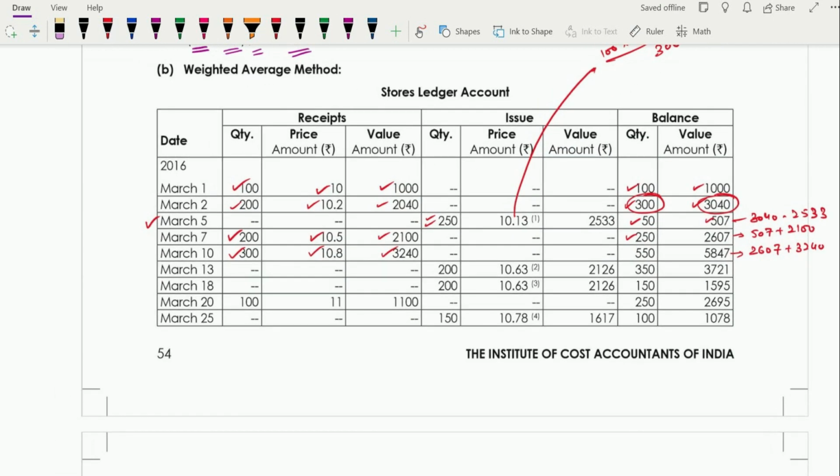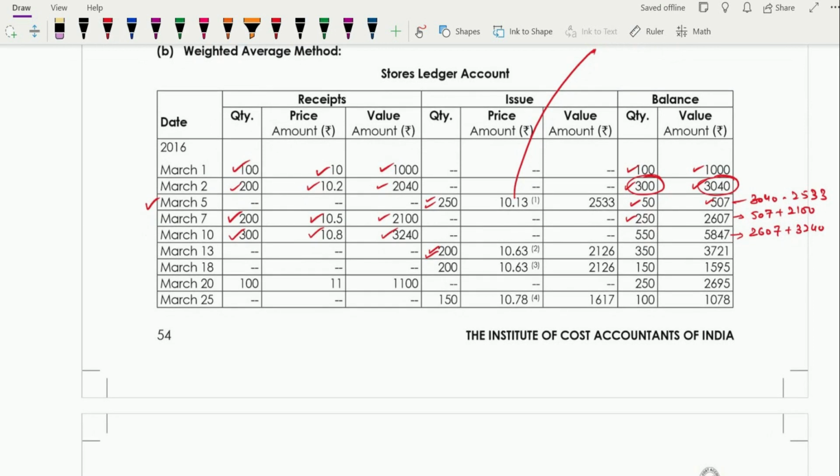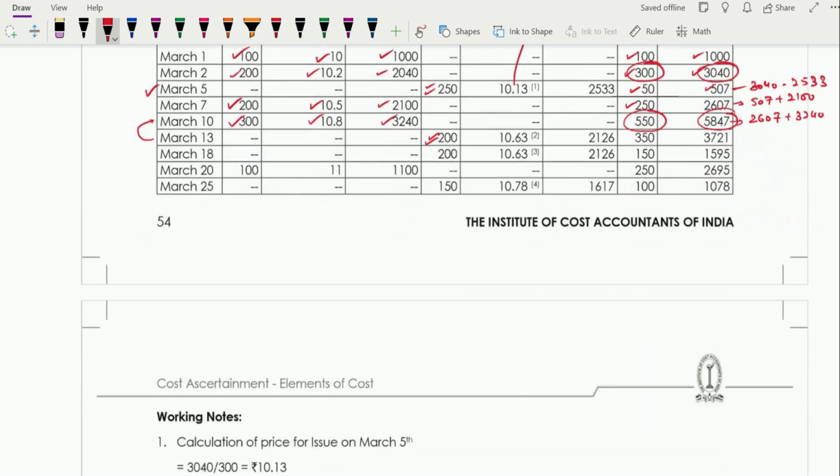On March 13th, you are issuing 200 units. Now, how to apply this 200 units, sir? How the rate will be calculated? The rate will be calculated that on the previous date, what is the value that is available divided by what is the quantity that is available, right?